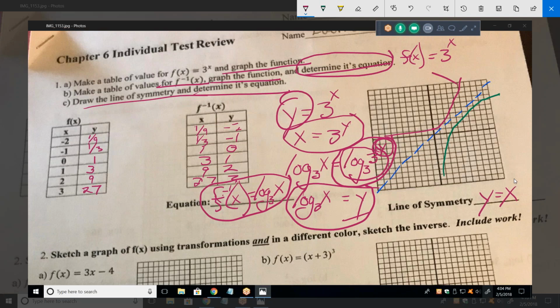Okay? That's that first question. There was a lot in that first question. It took us 15 minutes to do that first question. And there really was a lot of key information in that.